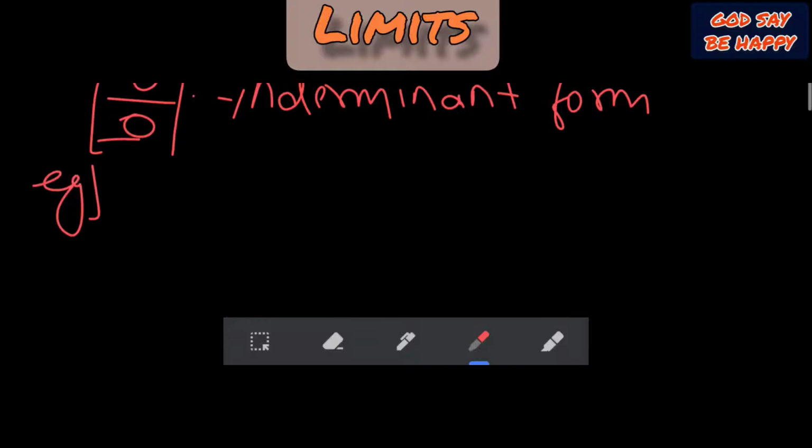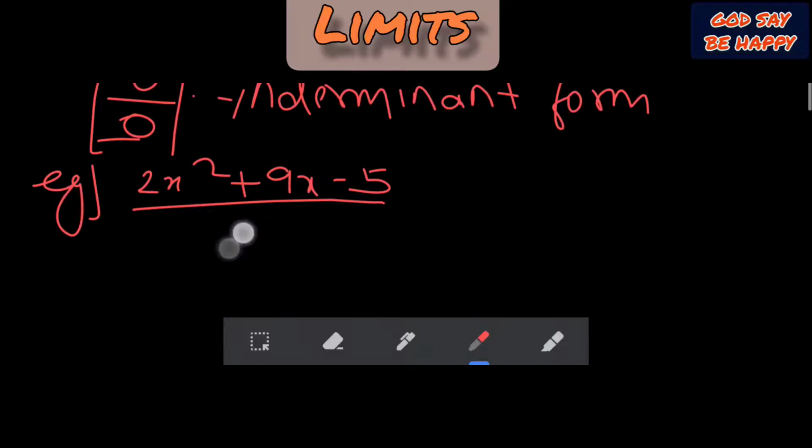We have example 2x square plus 9x minus 5 upon x plus 5 and limit x tending to minus 5. Here if we apply limit x tends to minus 5, then we will have denominator 0 and even the numerator, because let's check once by substitution.